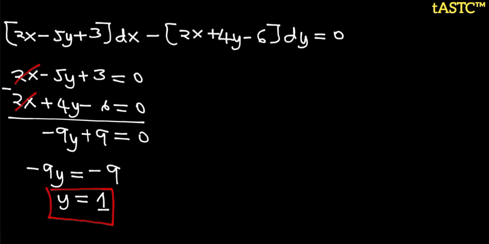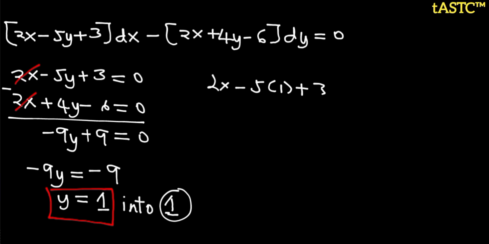Now we need to take y, which is equal to 1, and plug it back into any of the equations. So let us say we take it into equation 1. Now that is going to be 2x minus 5 multiplied by 1, and this is plus 3, and this is equal to 0.